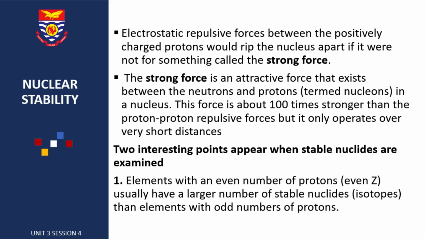Interestingly, the oddness or evenness of the neutrons and protons in the nucleus is related to some important patterns of nuclear stability, which we'll be looking at in our following slides.